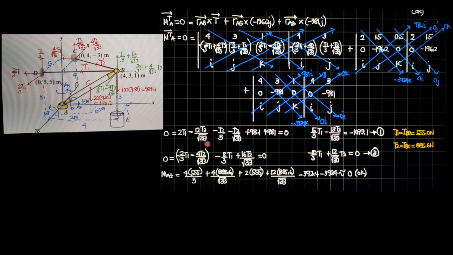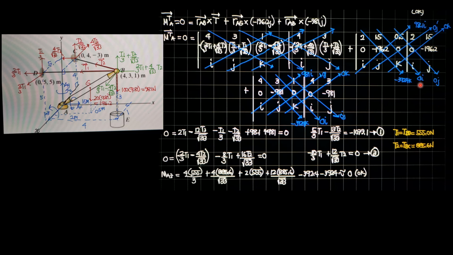Then minus 1 times T1 over 3, so minus T1 over 3. 1 times T2 over square root of 33, so minus T2 over square root of 33.